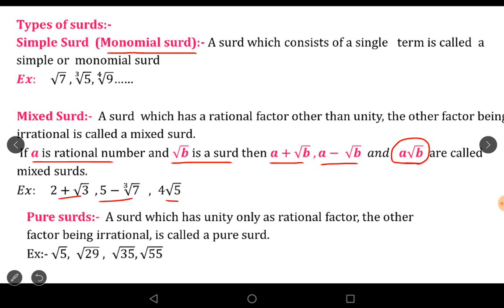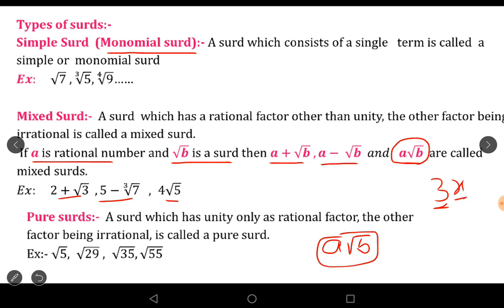Pure surds. A surd which has unity only as the rational factor, the other factor being irrational, is called a pure surd. Here once again observe a into root b. In algebra, in 3 into x, 3 is the numerical factor and x is the algebraic factor.